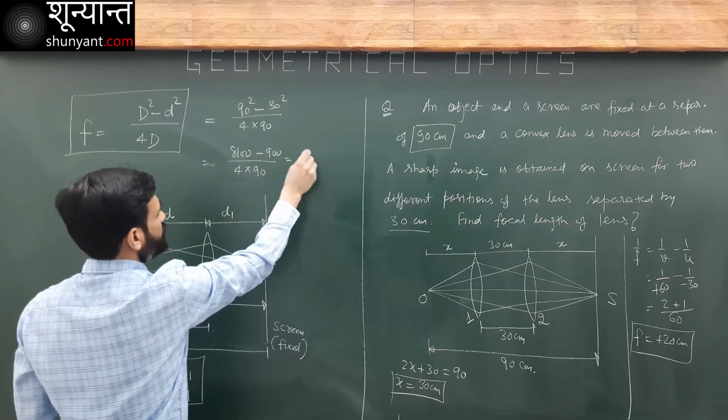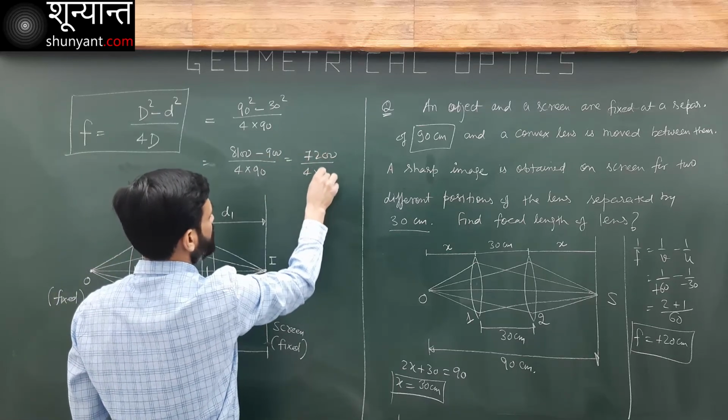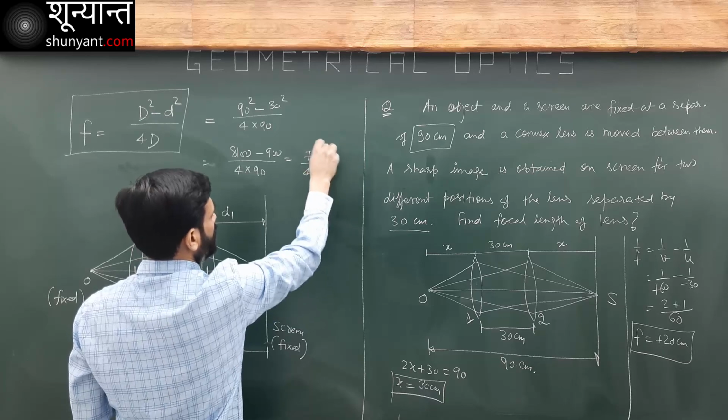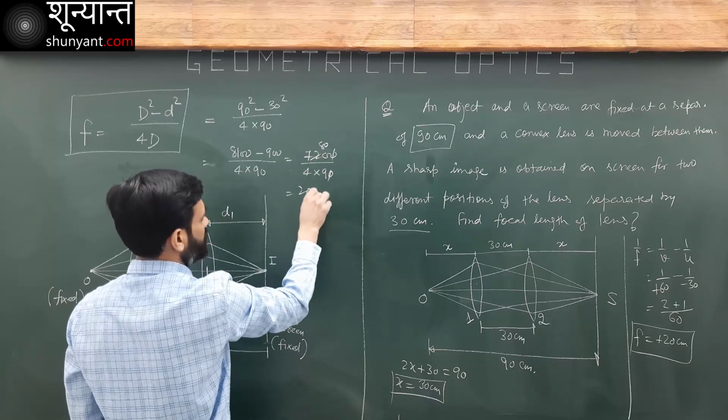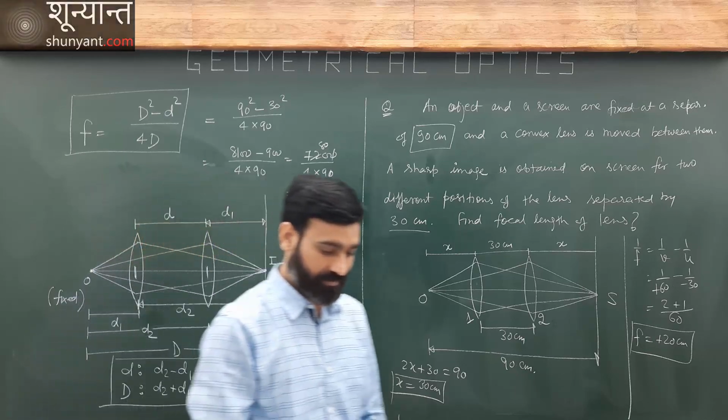This becomes 7200 over 4 times 90, which is 80 over 4, and this becomes 20 centimeter. Whichever you find easy and understandable, use that.